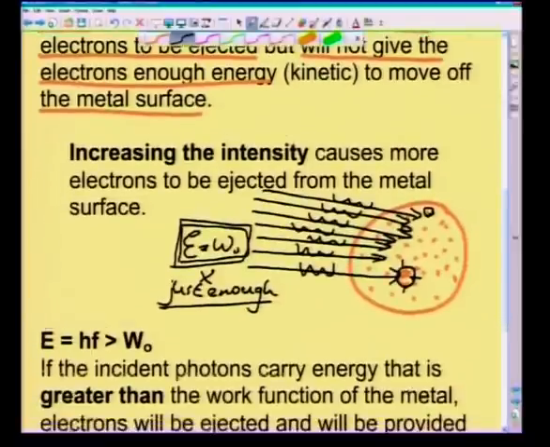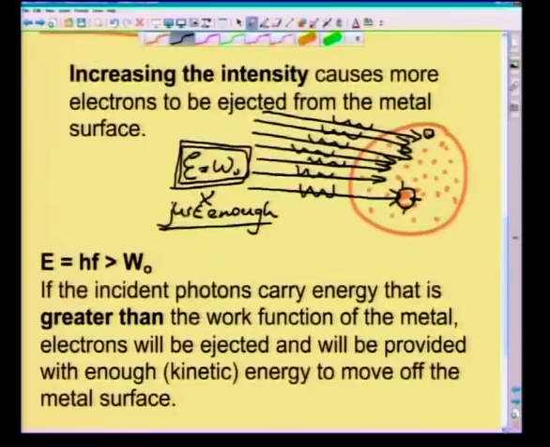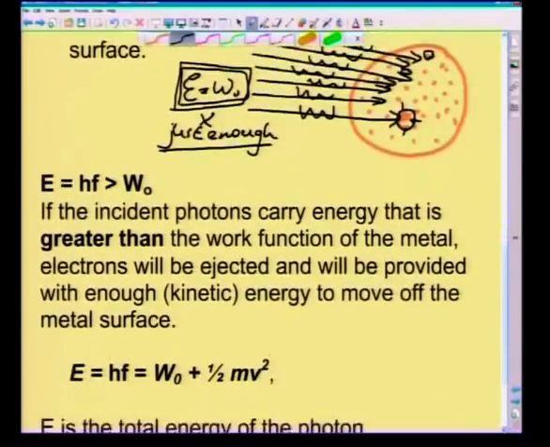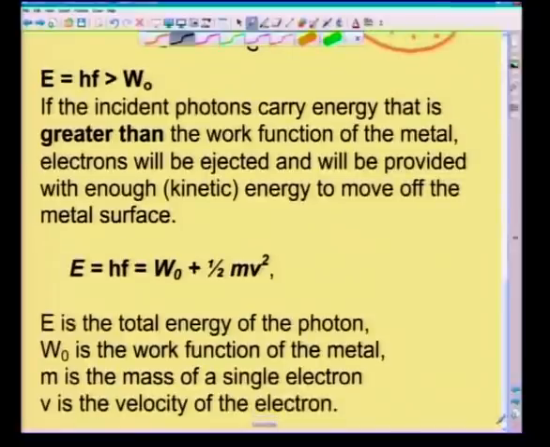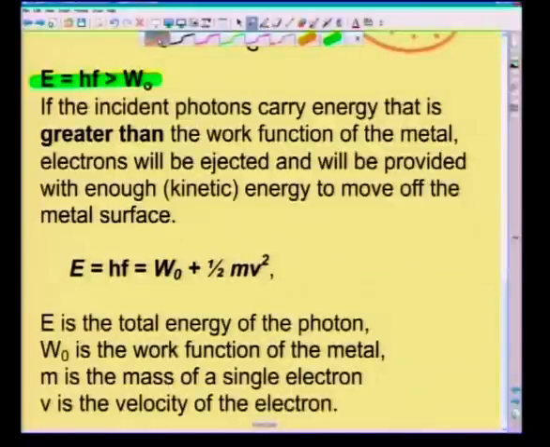Okay? Now let's look at the third condition, the condition I love so much. This is the condition where the energy carried by the photon of light is bigger than the work function of a metal. Right?